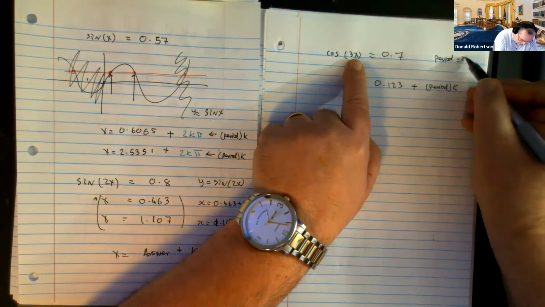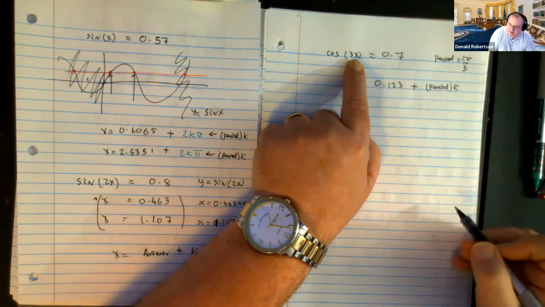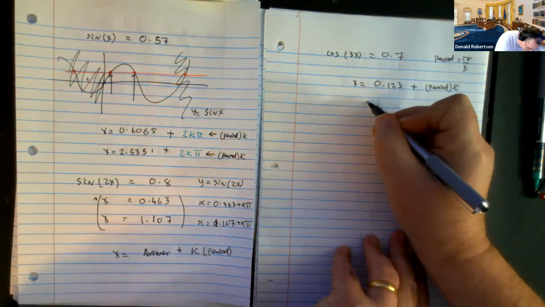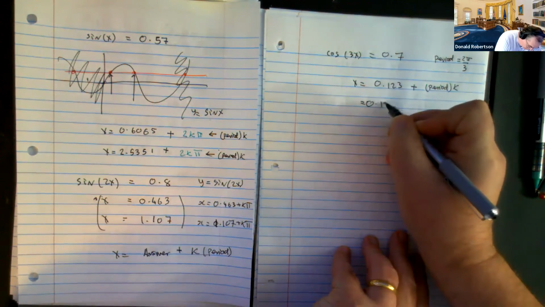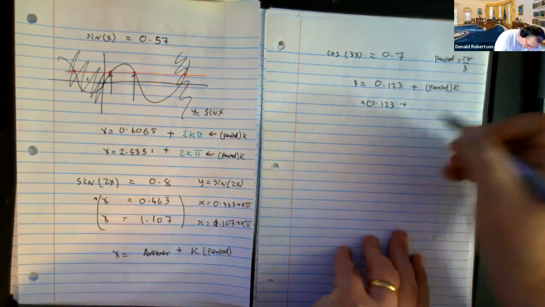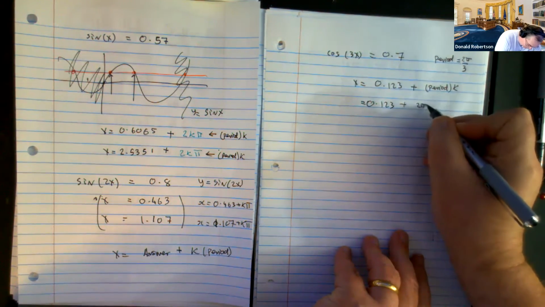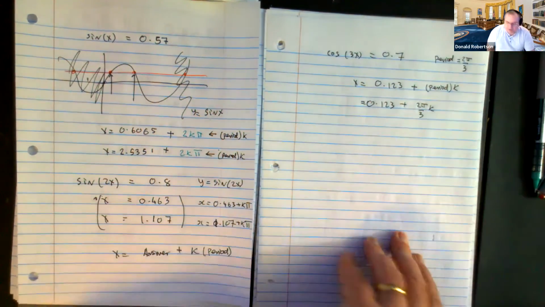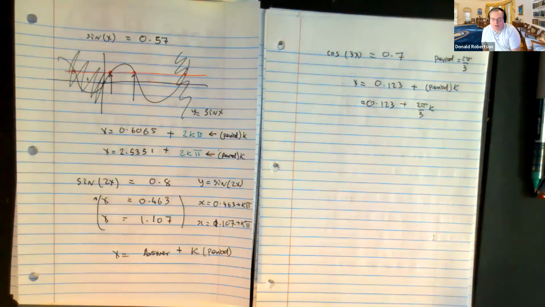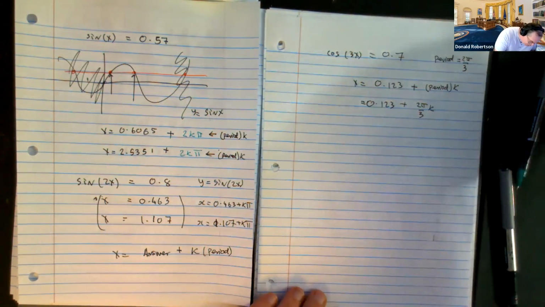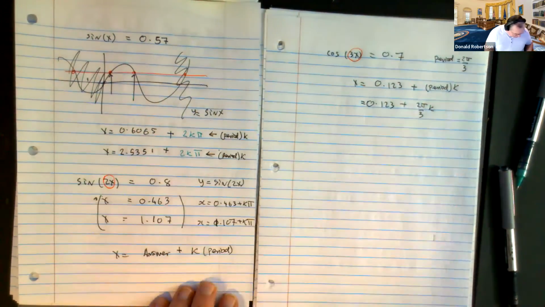Well, isn't it 2 pi divided by 3? So your answer would be 0.123, not plus 2 pi k, not even plus pi k, but plus 2/3 pi k.